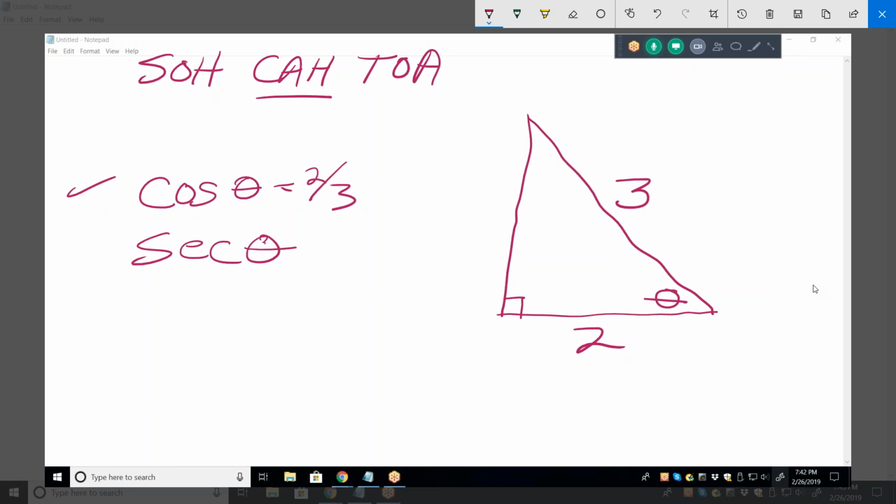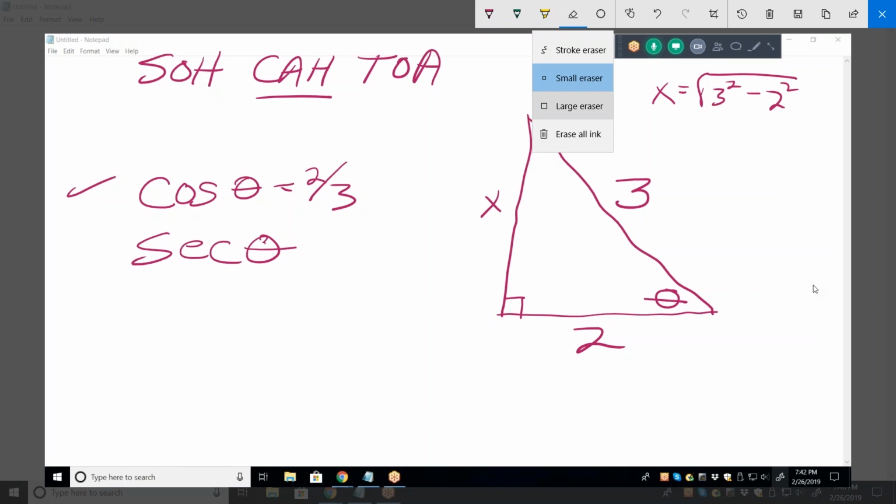No, you got to use the Pythagorean theorem. In other words, x is equal to the square root of the hypotenuse squared minus the other short side squared. So what's x going to be? √5.